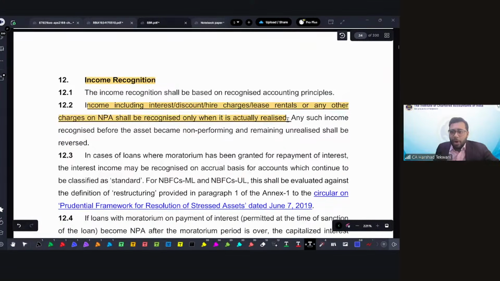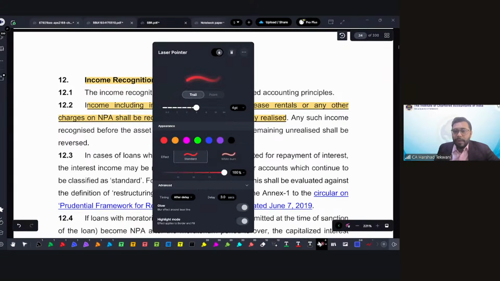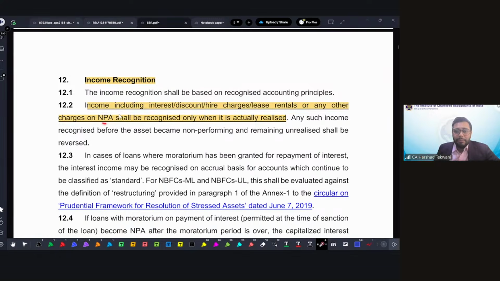Now, in order to understand this specific line, I need to understand one important term, that is NPA. Non-performing assets.